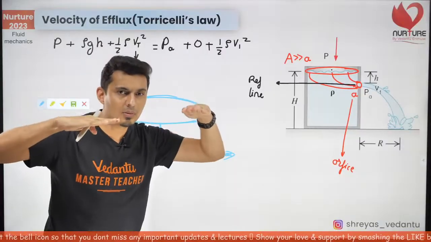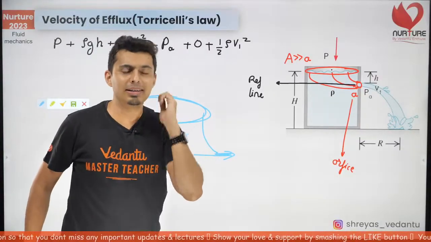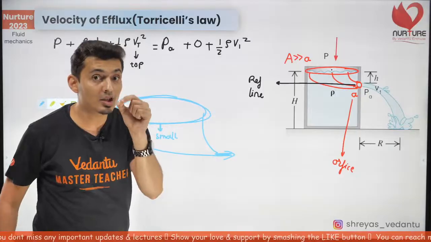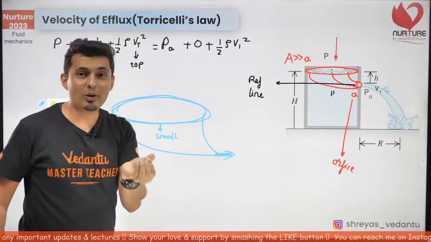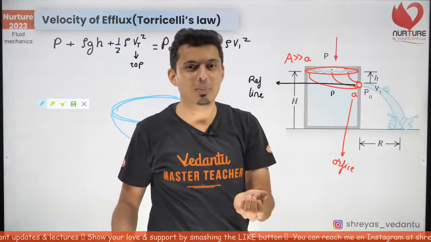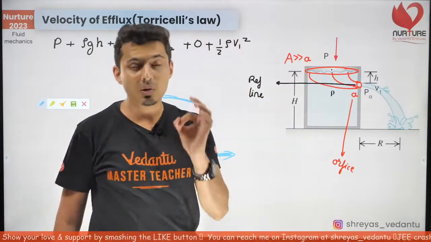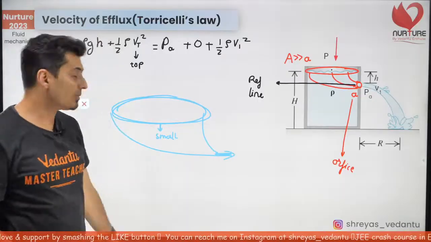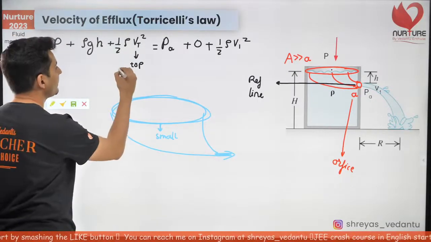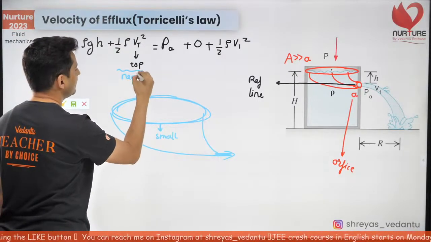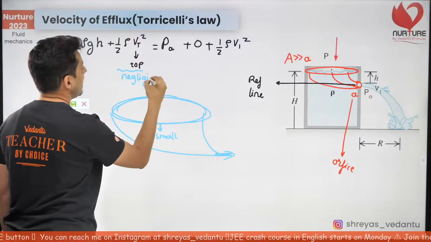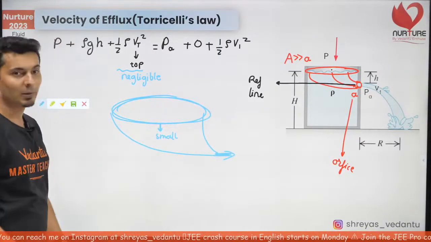If it comes down slowly, it will be in very small decimal numbers. Then the square of a decimal number is even smaller. 0.1 square is 0.01. Correct? So this term will become negligible. I hope everybody agrees with this statement.